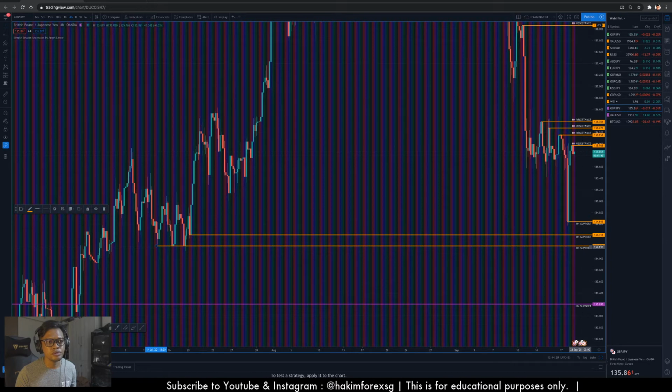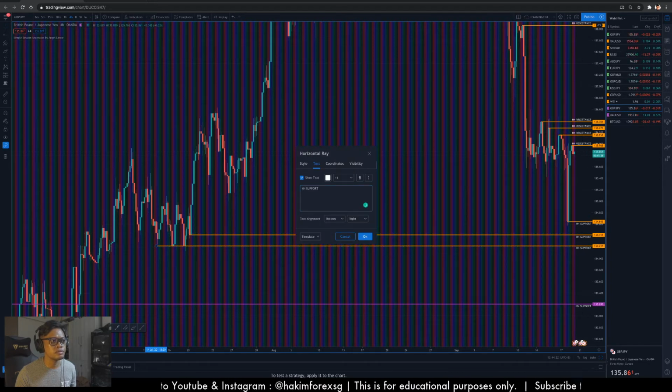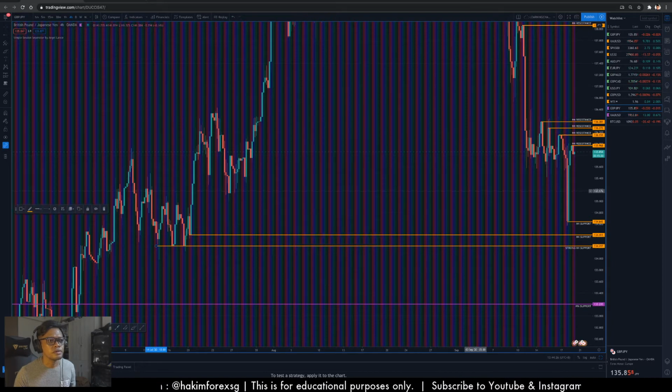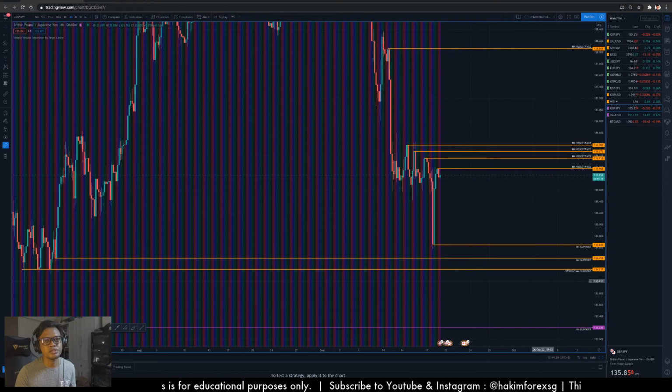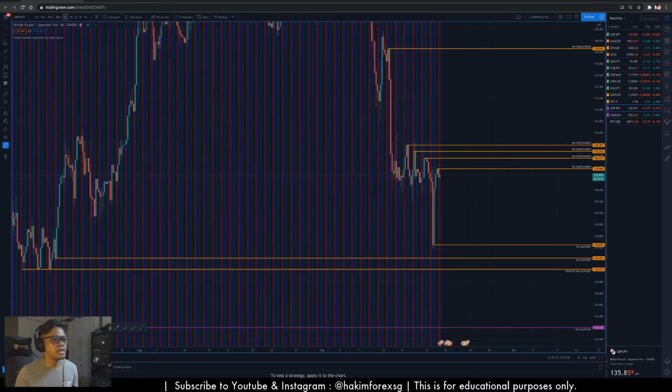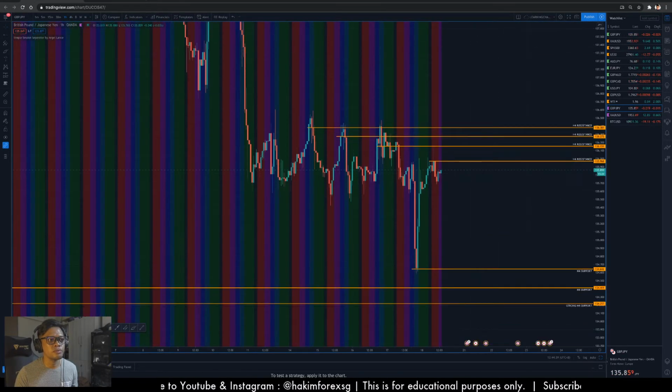Usually for a strong support I'll mark a strong support here. So basically if the price goes down, there's a potential support and resistance, so I know where the price will be heading. Next I'll just peek at 1 hour to see what's happening.